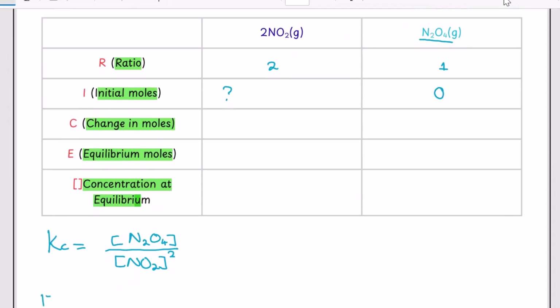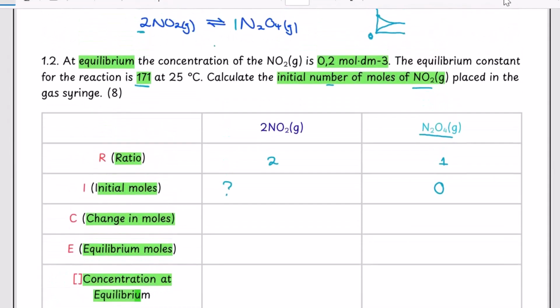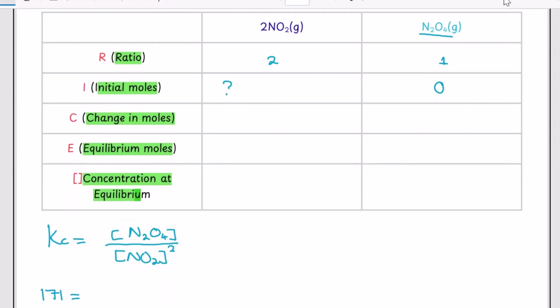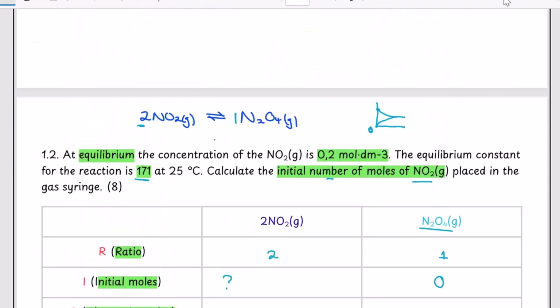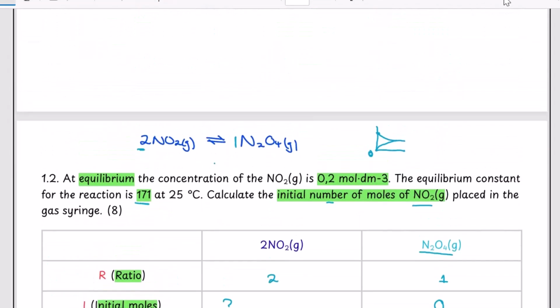Therefore, 171 is equivalent to the concentration of N2O4, which we currently do not have, all over the concentration of NO2 squared. Going up a bit, it reads that at equilibrium the concentration of the NO2 gas is 0.2 moles per dm cubed.